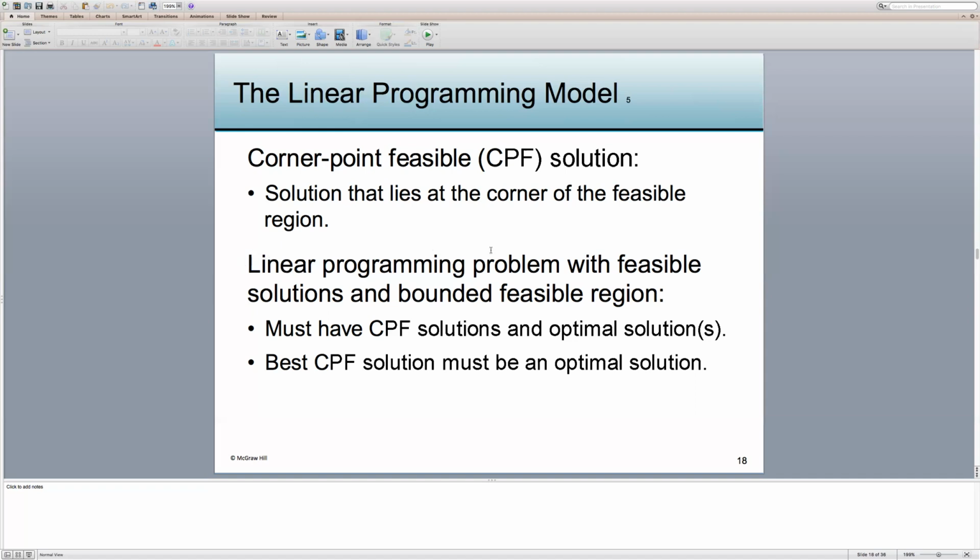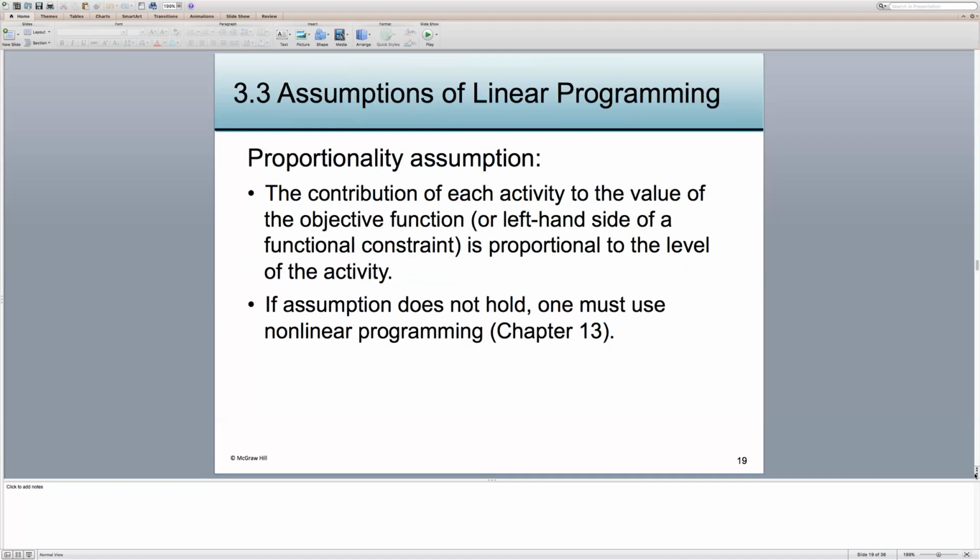In a linear programming problem that has feasible solutions, and the feasible region is bounded, the optimal solution, there can be more than one, but at least one will be a CPF, a corner point feasible solution. The best corner point feasible solution will always be optimal. There may be a lot of them, but at least one of them will be a corner point solution.